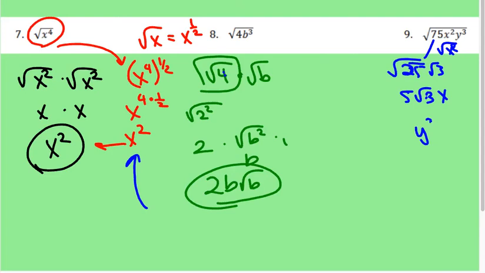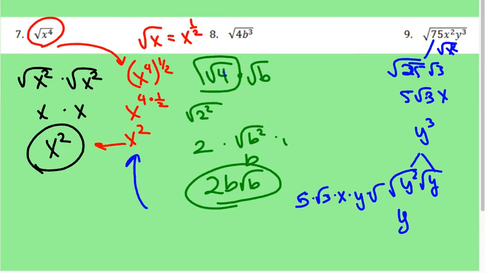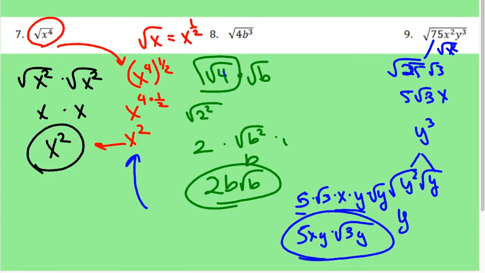And then y cubed splits apart into y squared and y. So if I square root that, square root of y squared is y. So here's what I've got: 5 times square root of 3 times x times y times square root of y. Here is where I put together what's on the outside. I put together what's on the inside, and there's my winner.